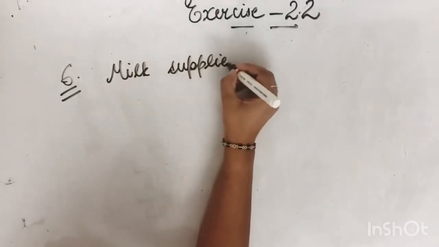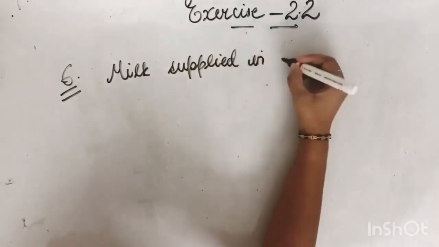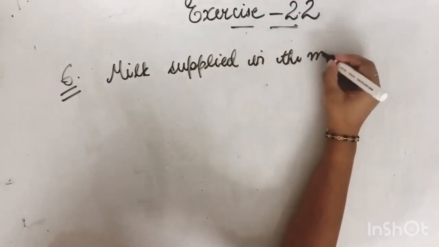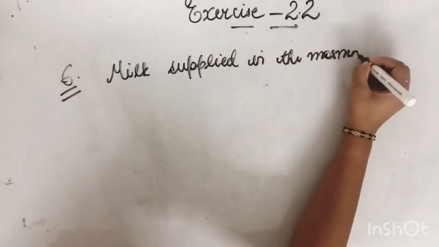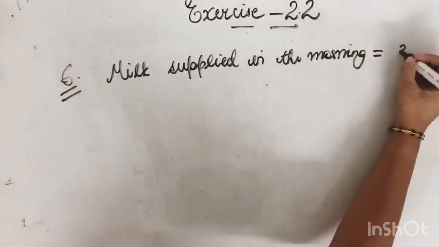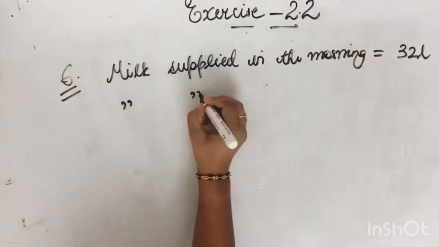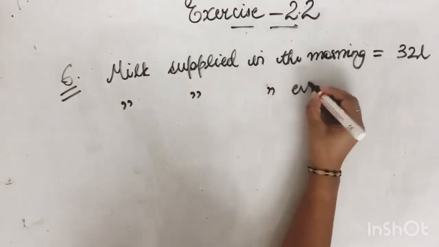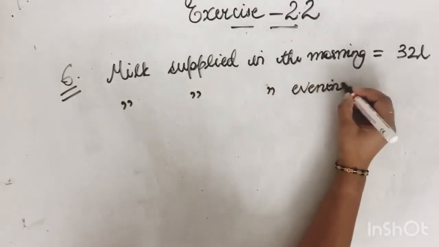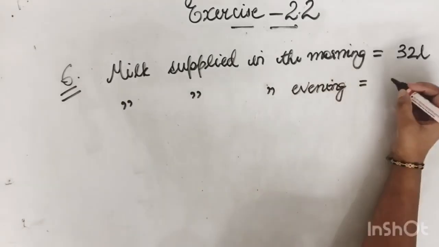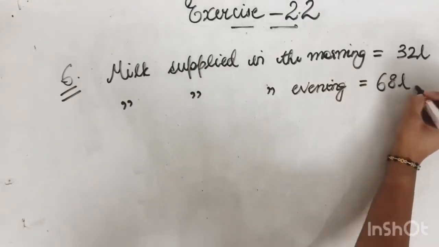Sixth question. A vendor supplies 32 liters of milk to a hotel in the morning. Milk supplied in the morning is 32 liters. Milk supplied in the evening is 68 liters.